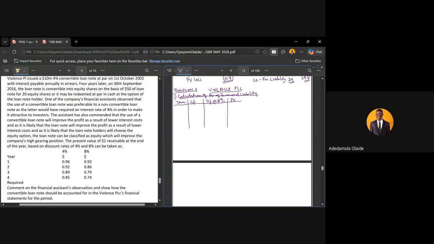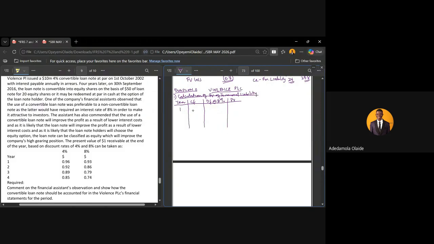So year one, which is 2003, is it 2003? They are not consistent with the year. In some places they use 2003, in another place they are using 2016. It should actually be either of the two.